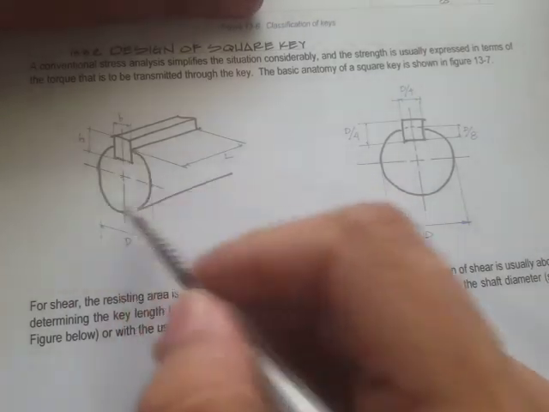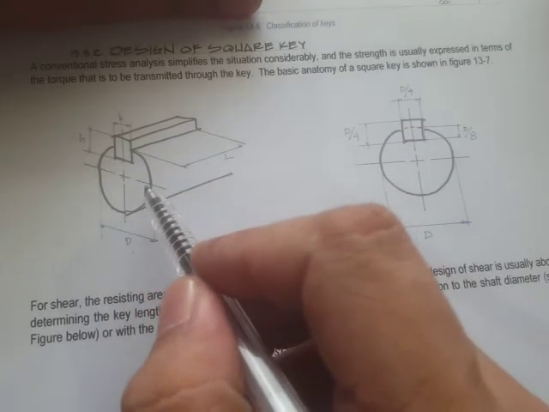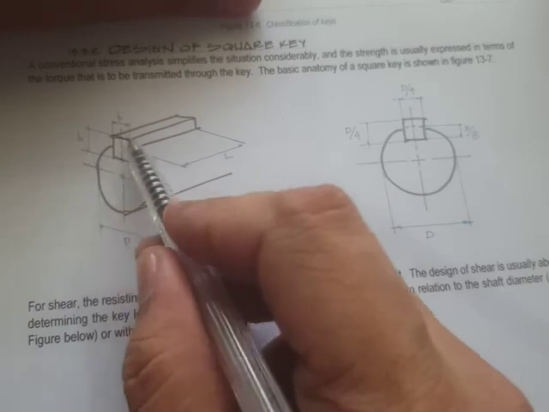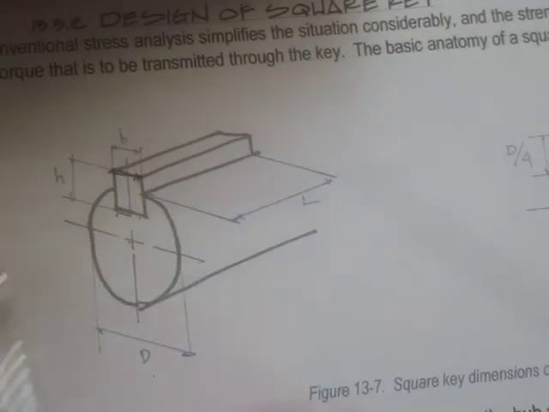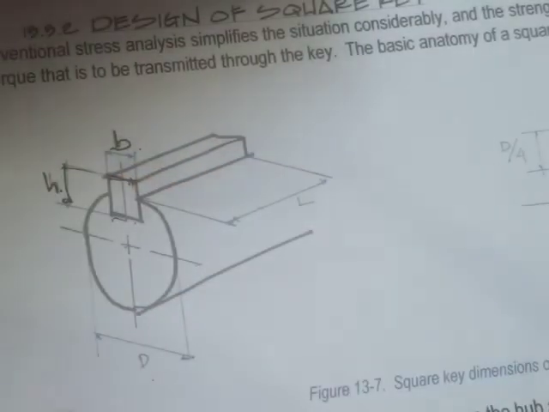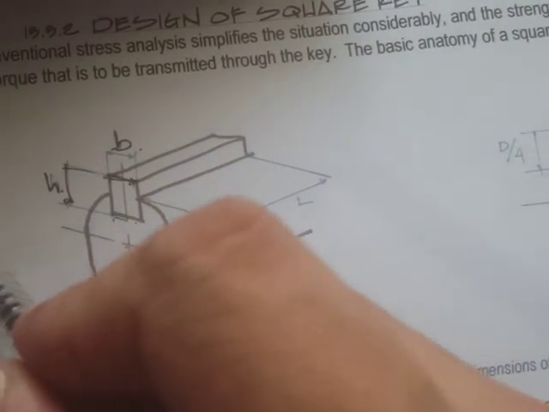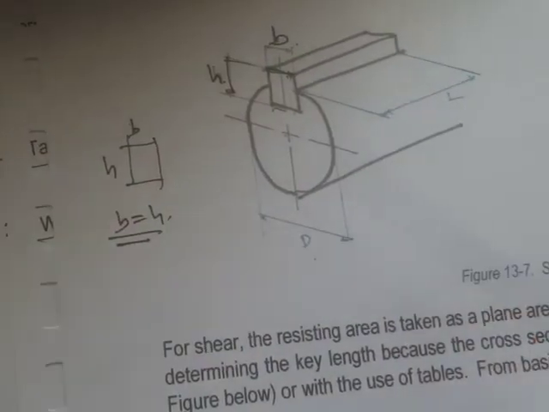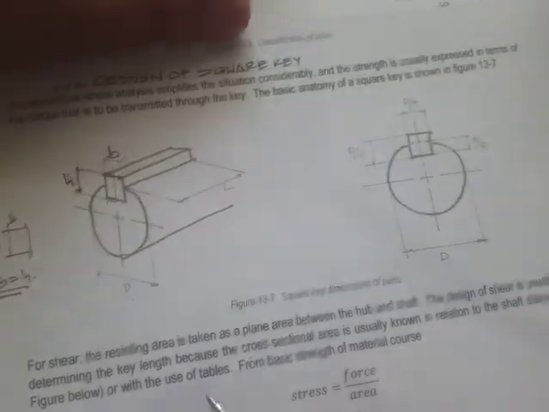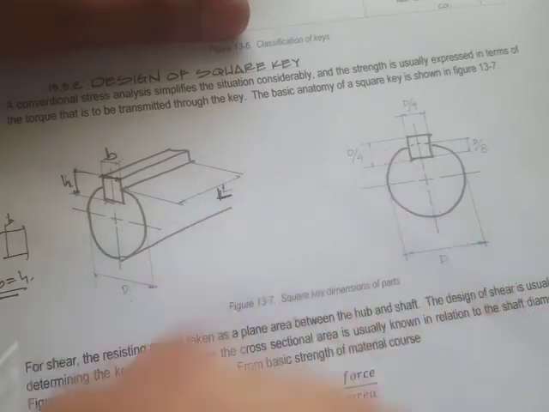When we say diameter, that corresponds to the diameter of the shaft, and the width of the key we designate as B. This is B, and the height of the key is H. Therefore, if we only consider a square key, then B is equal to H for a square key, right? And the length of the keyway we designate as L.